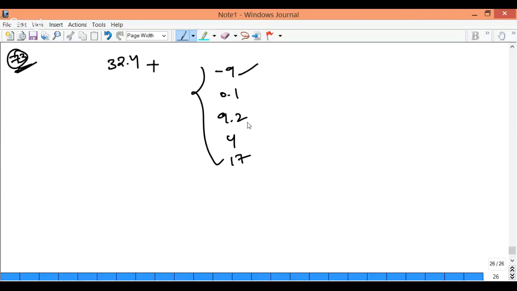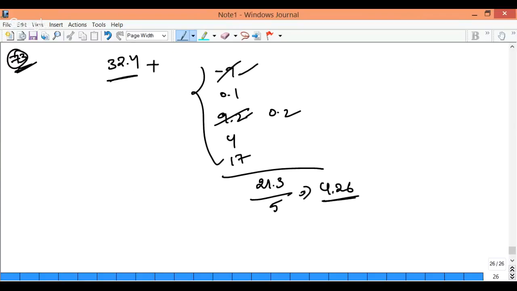Now see here, it is minus 9 and it is plus 9.2, so the overall value will be 0.2. Now add it in. It's 21.3 divided by 5. You'll get 4.26. Now add this 4.26 to 32.4. The answer will be 36.66 nearly. Yes, that's correct. Answer option D.